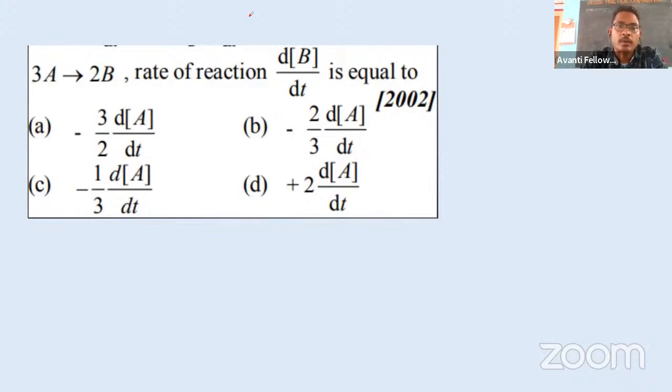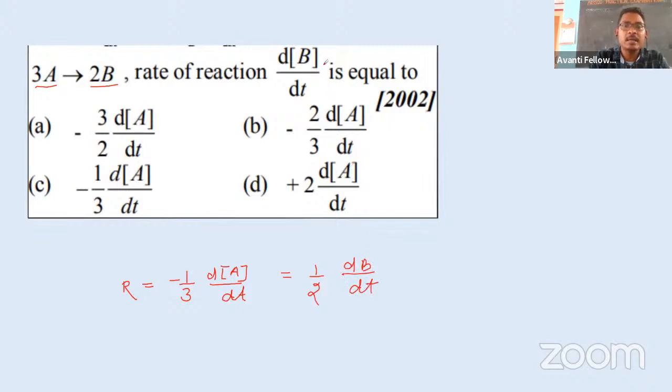No? Okay, so let's discuss this one. From this equation, 3A gives us 2B. I denote the rate with R. So this can be written as minus 1 by 3 d[A]/dt, why 1 by 3? Because the coefficient of A is 3 and this is a reactant, so I put a minus sign here, equal to 1 by 2 d[B]/dt.